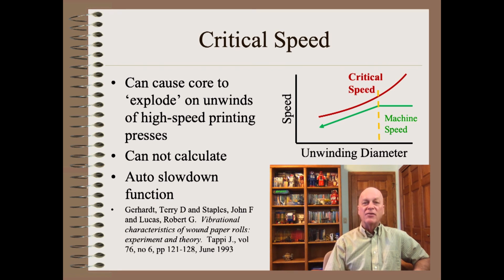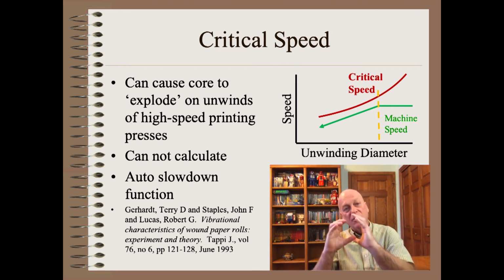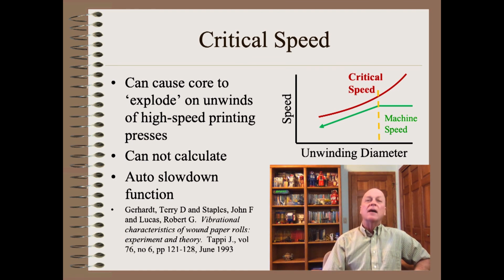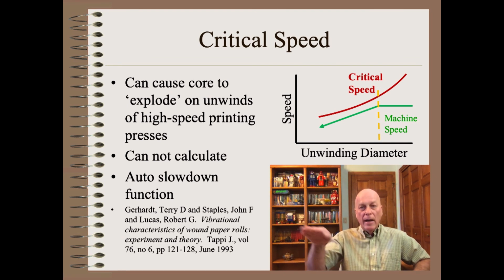On the graph of speed versus unwinding diameter, we see a red line for critical speed. It is lower at small diameters because not only is the wound roll less stiff, but also because the RPMs are ever increasing due to the smaller diameter. Thus, the machine must begin a slowdown at the dotted yellow line diameter and stay well below that critical speed, which can be measured but not modeled.